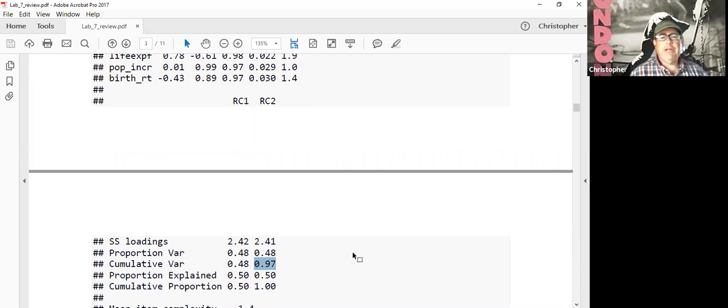This one will tell me, okay, together the two components explain 97% of the variance in the factors. One thing to note here is 97% of the variance is a lot. You generally don't see that with components analysis, and certainly not with factor analysis. If you're getting around 50% or even mid 40s, you're probably doing a pretty good job.